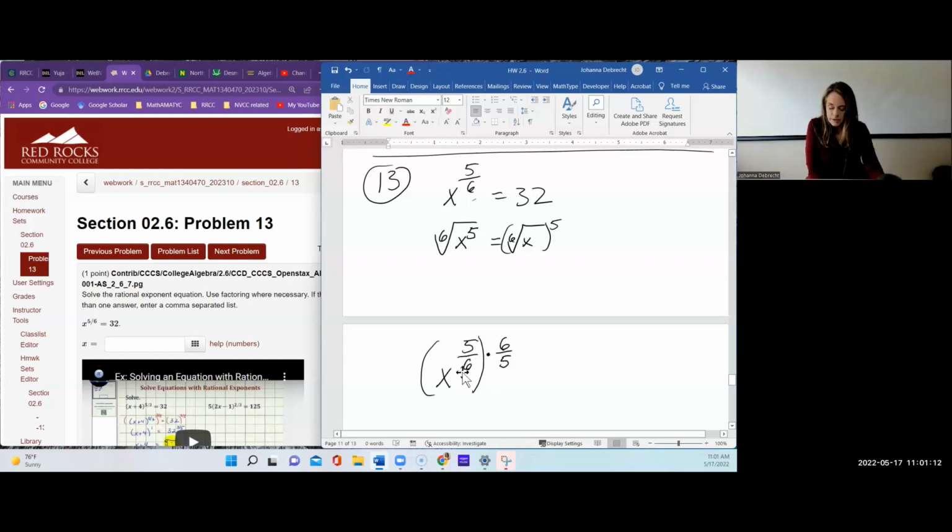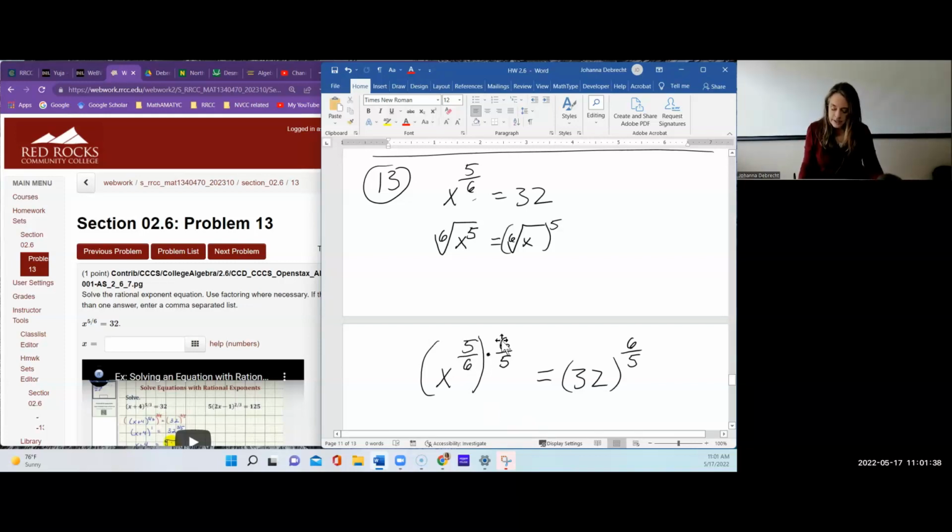The reciprocal of this, when multiplied, will give me a positive 1. But I've changed the equation if I don't do the same thing to the opposite side. So what I have to do is take 32 and also raise it to the 6/5 power. That keeps the equation balanced, which means that the solutions are the same, although the equation looks different.